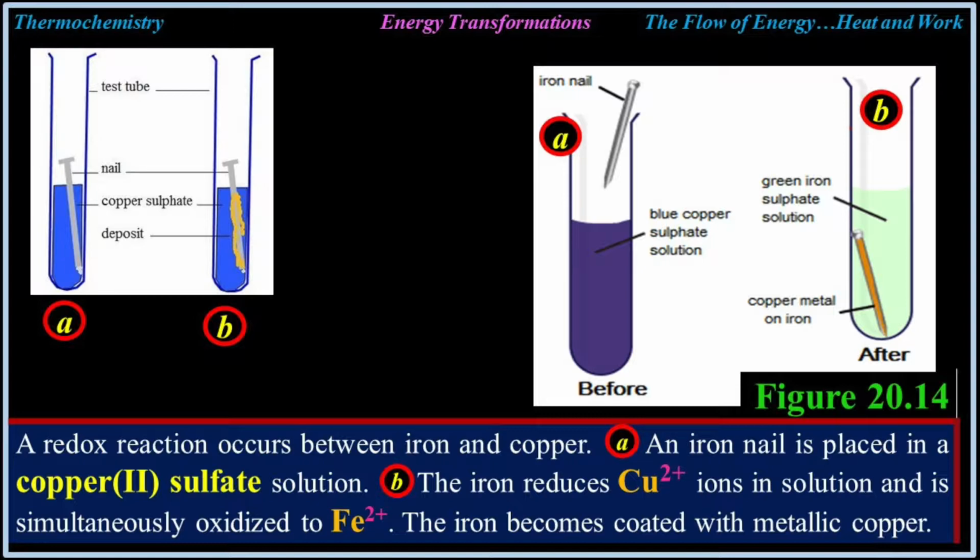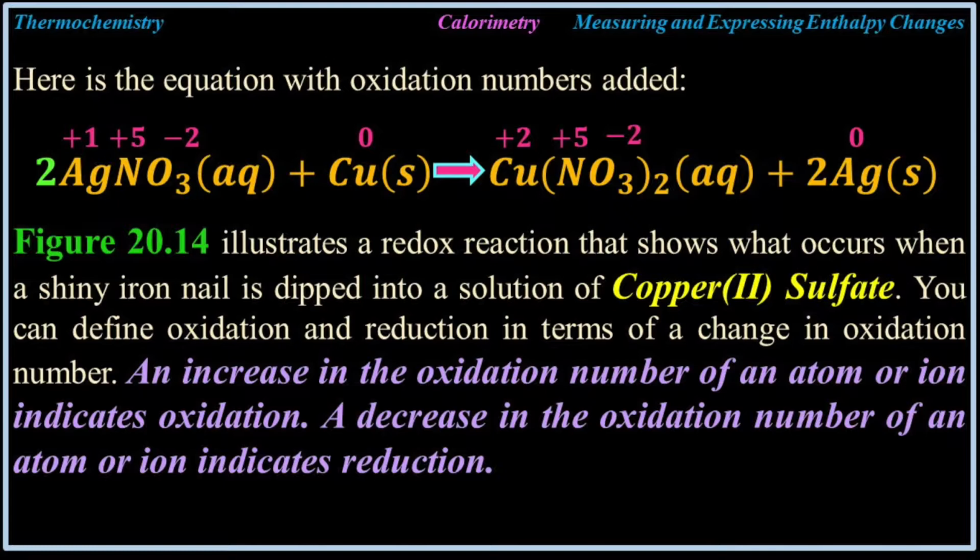So it's a redox reaction where the iron goes from 0 to plus 2, so that's oxidized. And then the copper, which is in solution, plus 2, goes to 0, so that's going to be reduced. So that's the redox reaction that's illustrated in figure 20.14.